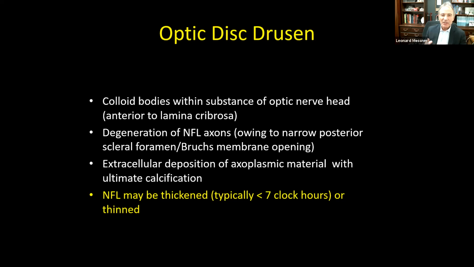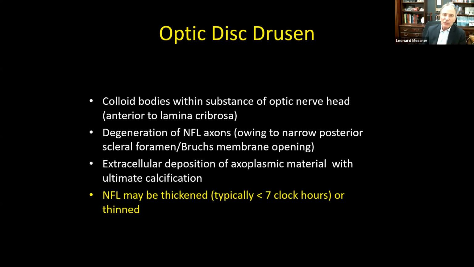And as that axoplasmic material is left behind, it forms aggregates that are commonly referred to as optic disc drusen, or colloid bodies of leftover junk simply forming within the optic nerve.